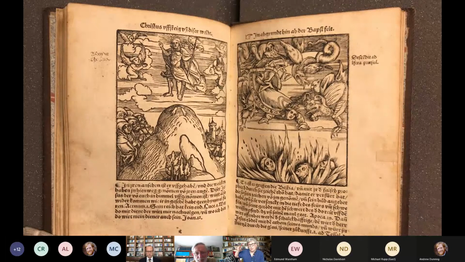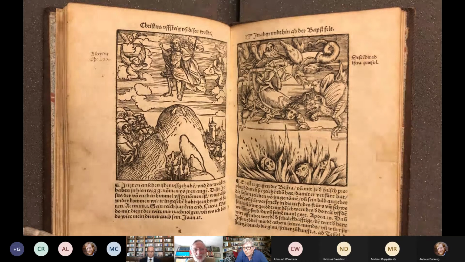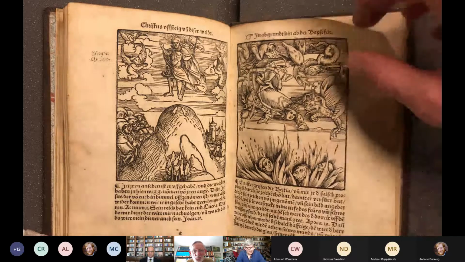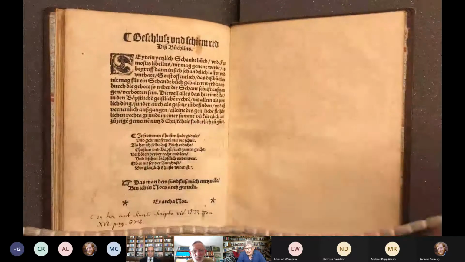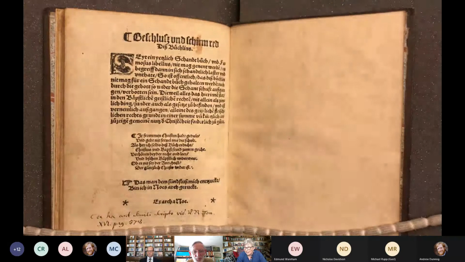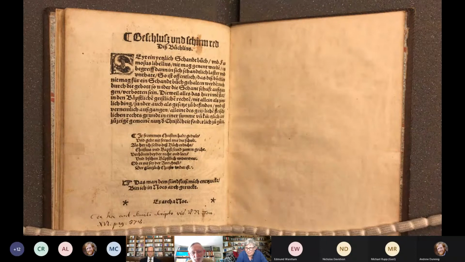The two additional pairs have been slotted into the sequence, so as to end with a descent of the Pope into hell as the most dramatic visual image. And then you end with a final poem, which you can all read about in the printed edition that will soon be available in all good bookshops and on the website.